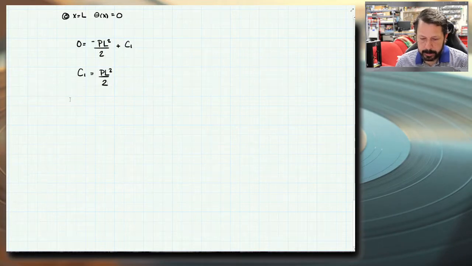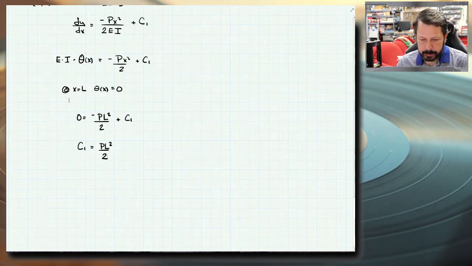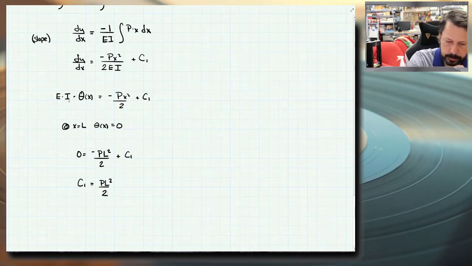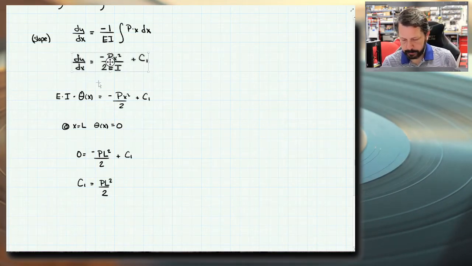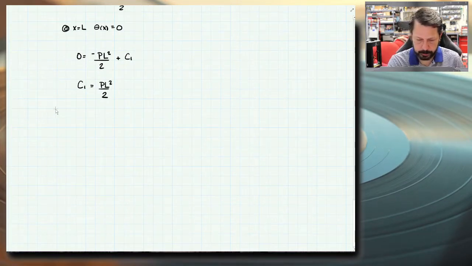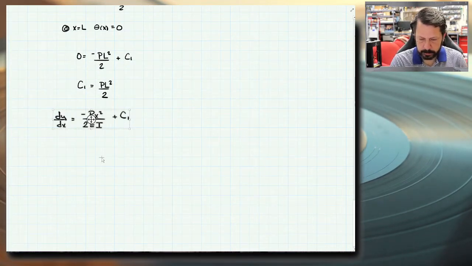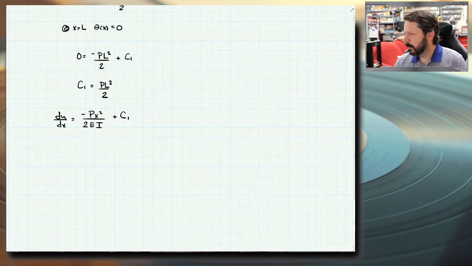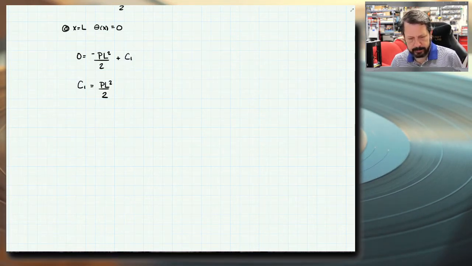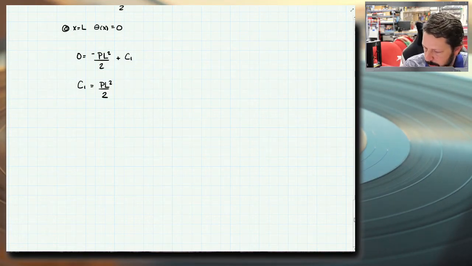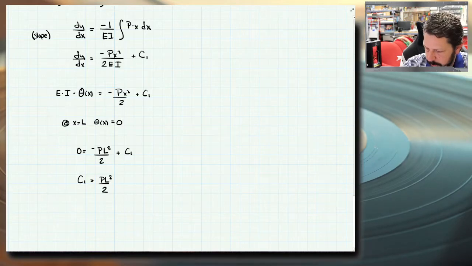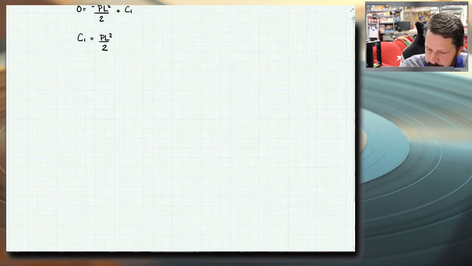Okay, let's grab this equation here and put it down here. Actually, that's not really the one I need, is it? Because I have a value for C1 now. So let's plug these in right there.